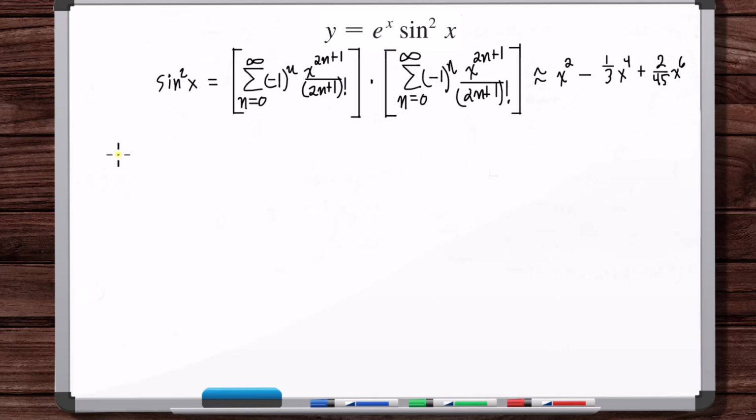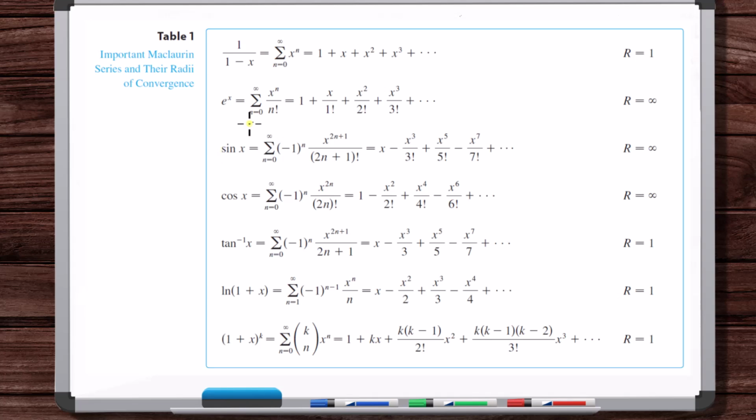All right, so e to the x times sine squared of x is equal to what? So what is e to the x? So from n equals 0 to infinity, x to the n over n factorial, 1 plus x plus 1/2 x squared plus 1/6 x cubed, etc. Okay?